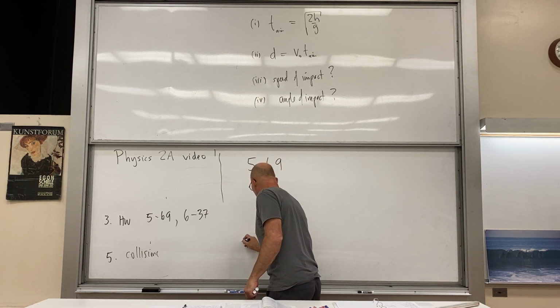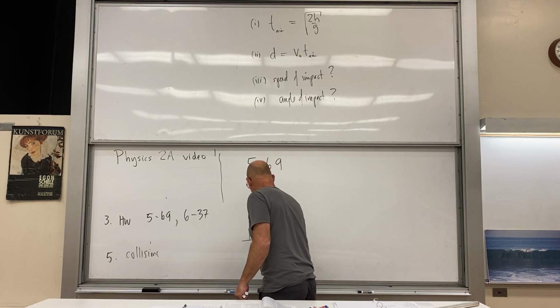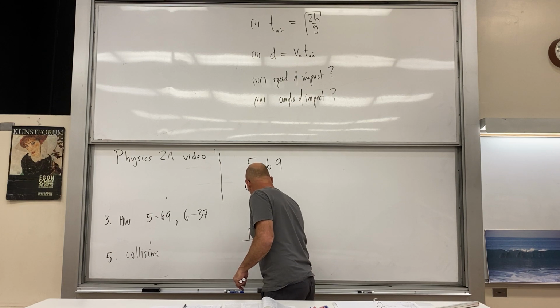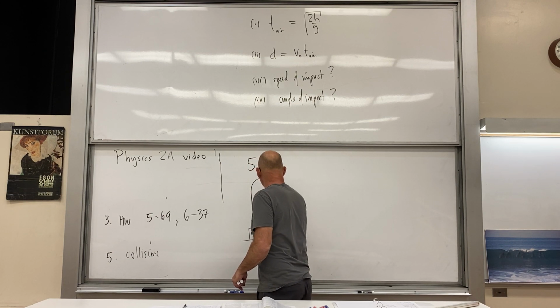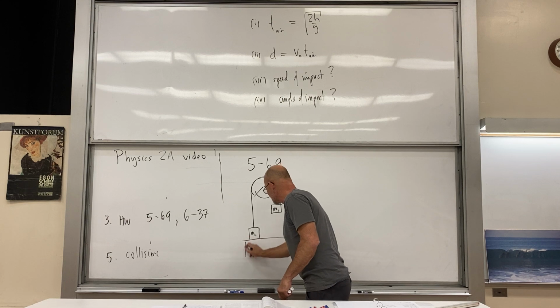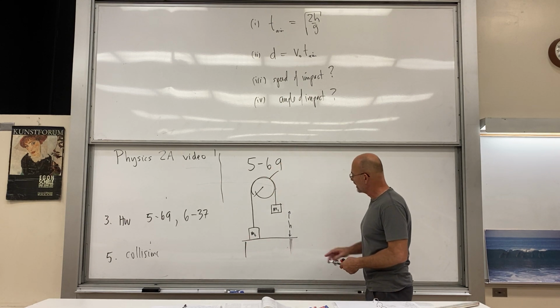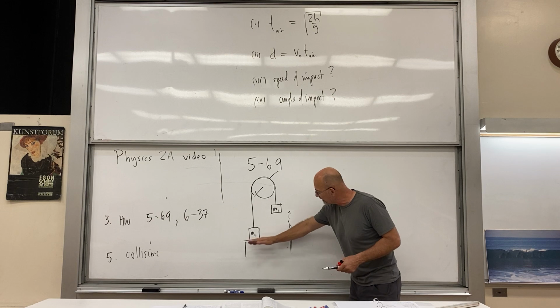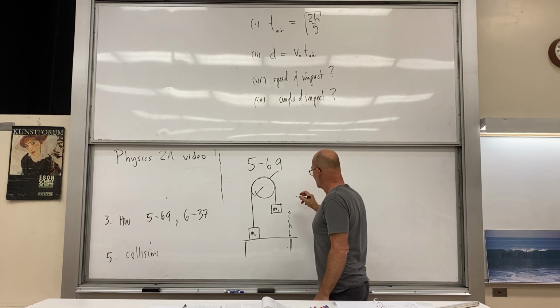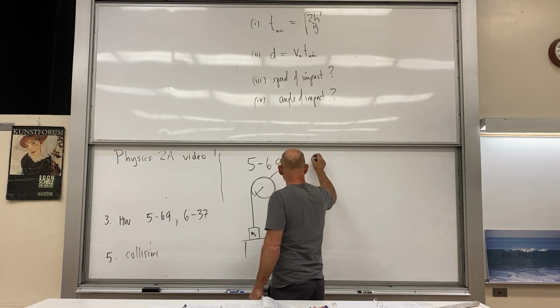We have a tabletop, and a mass on the table, and this is M2. And it goes over a big pulley on an indicated axle. And then here's our M1, and here's a height H, and here's the tabletop. So we're going to release this from rest, and it's going to go down, the other one's going to come up. This is an energy chapter.